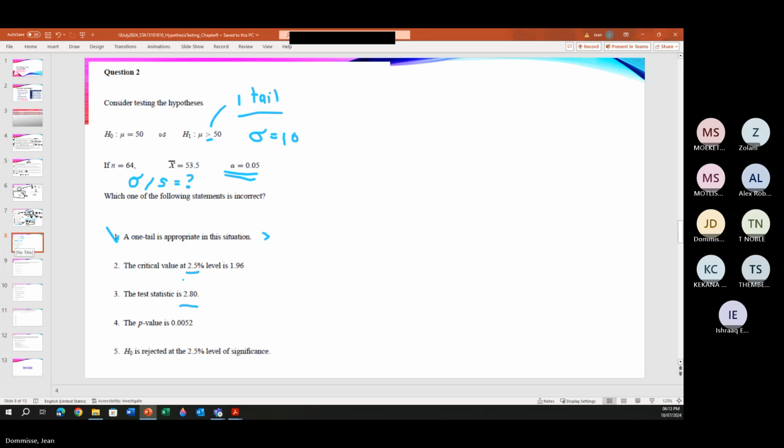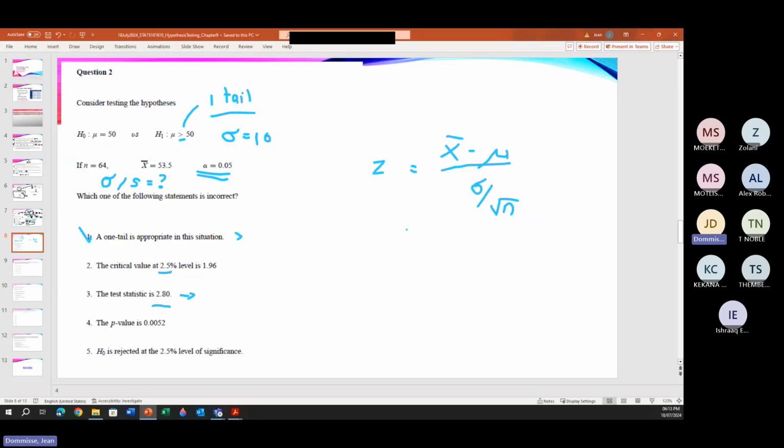So before we get to the critical value, let's work out the T-stat. So the T-stat is standard deviation, because I want to, again, when we get to those two, explain it all together. So let's quickly work out the Z.